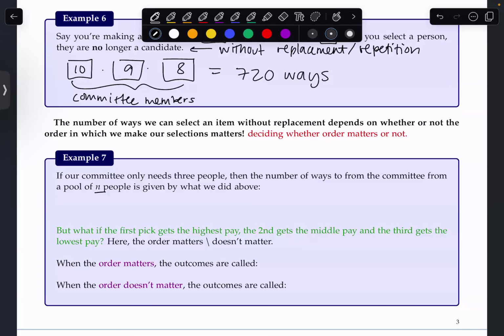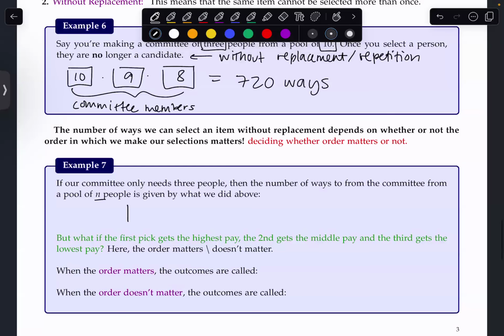For my first box, and here I'll draw my 3 boxes here, I have n choices. For my second box, I have n minus 1. And for my third, I have n minus 2. I can write this as n times n minus 1 times n minus 2.